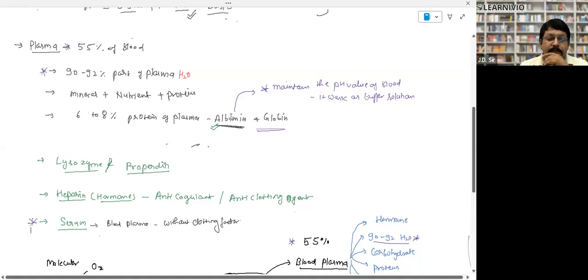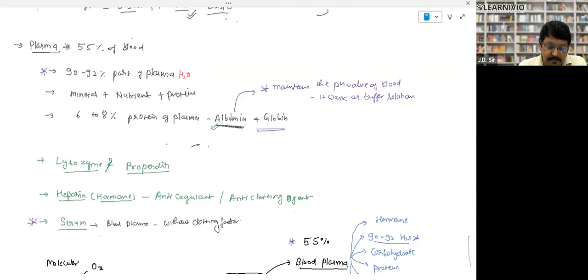The blood plasma contains 6 to 8% part of protein.